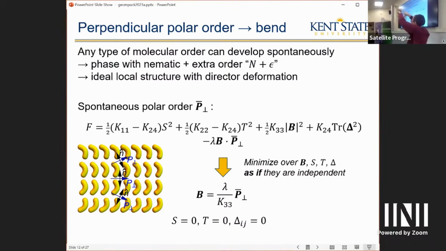But suppose some molecules tend to order the sideways axis in some spontaneous direction. In that case, that would create a favorable bend. The most favorable alignment of the long axes would no longer be uniform, but would be bent in this way. So you would have a situation where the optimum state has non-zero bend, but zero splay, twist, and delta.